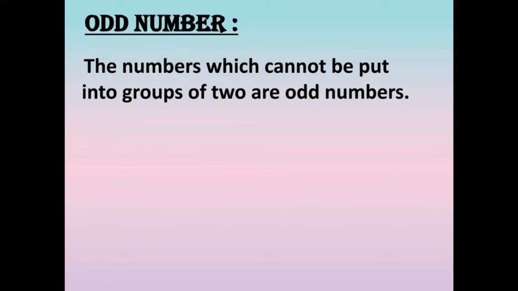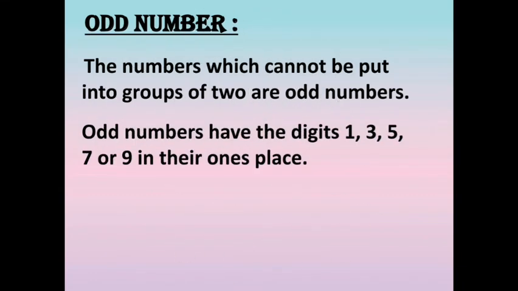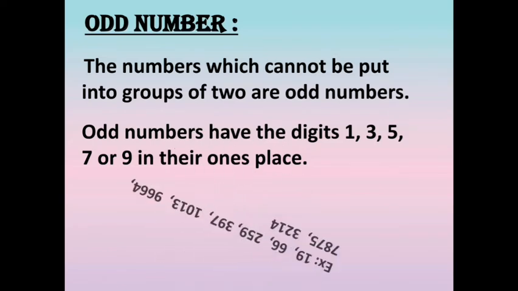So if any number is without a pair, then it is called an odd number. And odd numbers have the digits 1, 3, 5, 7 or 9 in their ones place.